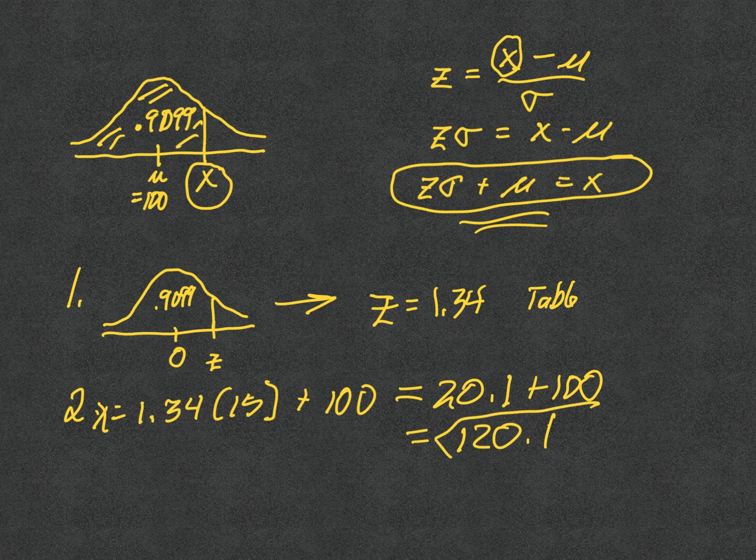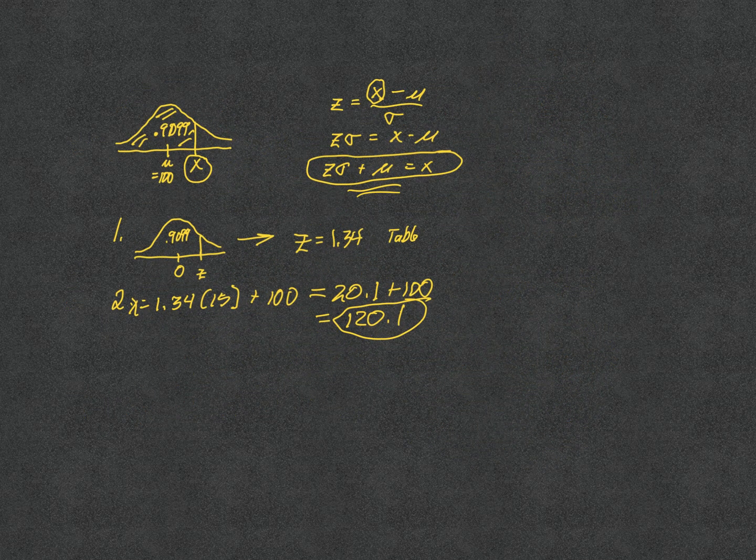We have now found the value that corresponds. Now, in this case, when going backwards, if you had a problem where you had area to the right, say we said this probability was 0.2 over here, then what we would do is we'd say 1 minus 0.2 is equal to 0.8, and we would go look up the z value that corresponded to 0.8.